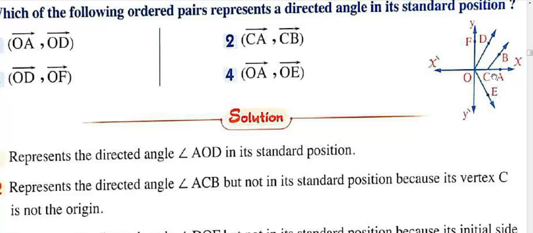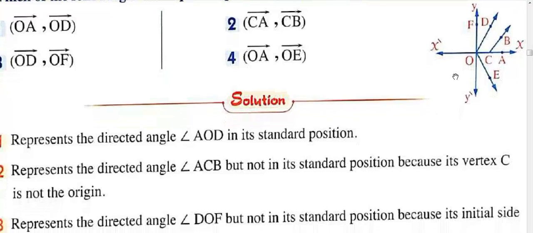Question number 3, OD and OF. This angle will be DOF. DOF represents the directed angle DOF, but it's not in the standard position because its initial side OD doesn't lie on OX.